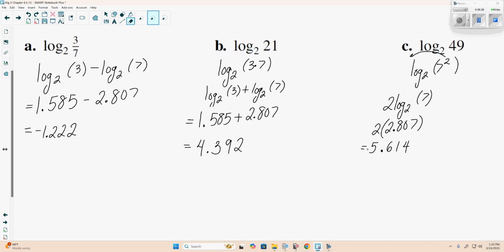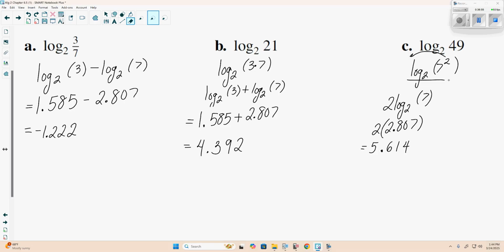We could have done the same thing if they gave us 9, 27, 81, any power of 3. Does this make sense? This is kind of why they did this, especially with these power, quotient, and product properties.